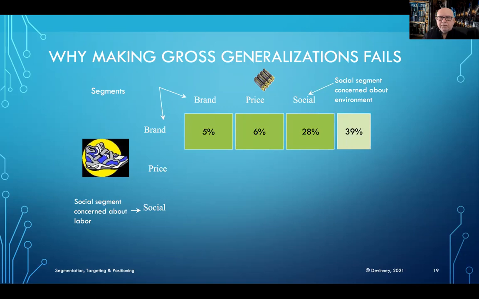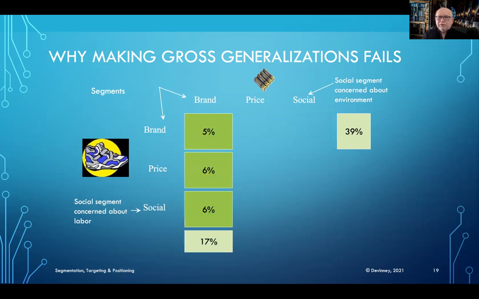And you can ask, okay, how do they flip over? How does it go from this one group to this other group? What you see, if I look just at the shoe case where brand mattered, and I look across at the battery case, is that if your decision model for shoes is skewed towards brand, your decision model for batteries isn't skewed to brand, it is skewed towards social.